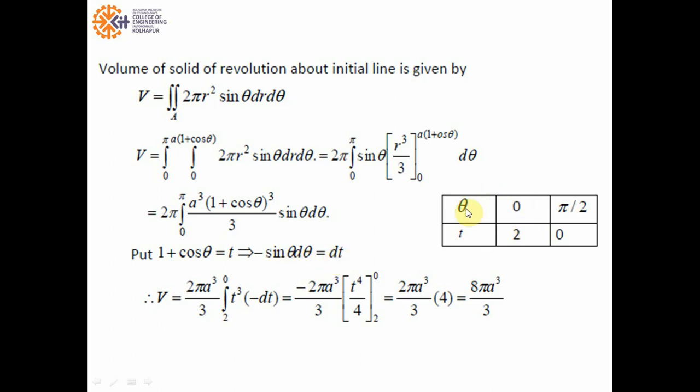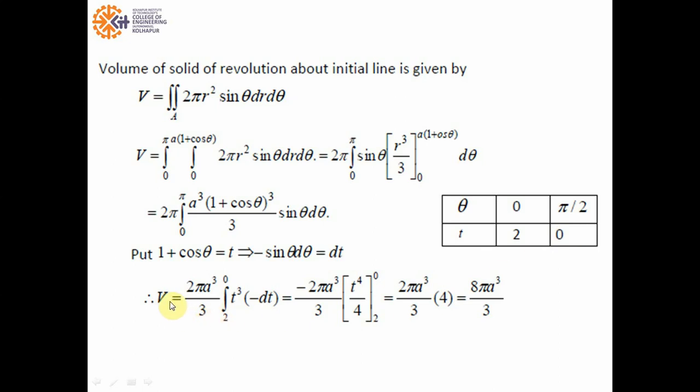Now we change the limits. When θ = 0, we get t = 2. When we put θ = π, we get t = 0.